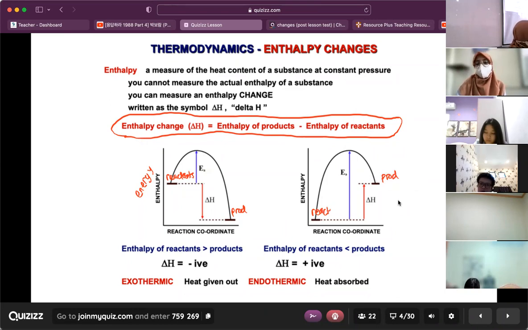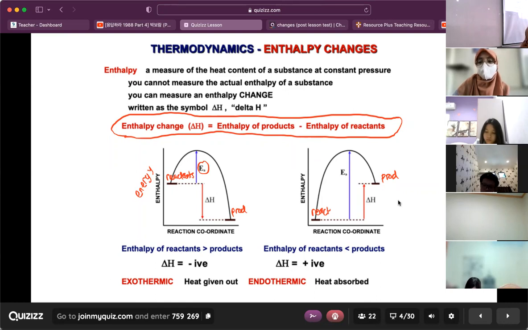Okay, and the energy needed to make this reaction occur is called EA. What is EA? EA is activation energy. Whether it is exothermic or endothermic, they still need activation energy.